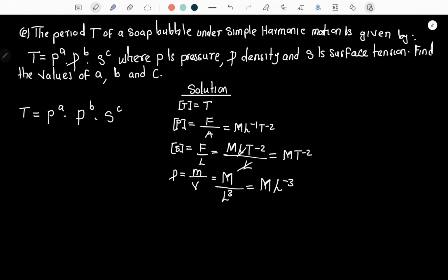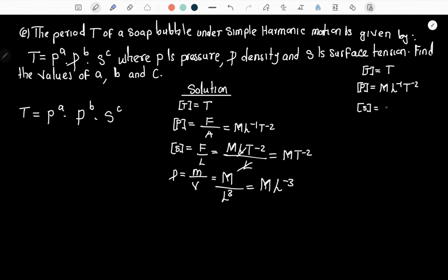Now we have everything. Let me just summarize all my tools and put them here. The dimensions of period is simply capital letter T. The dimensions of pressure is simply M L to the power negative 1, T to the power negative 2. The dimensions of surface tension is M T to the power negative 2.